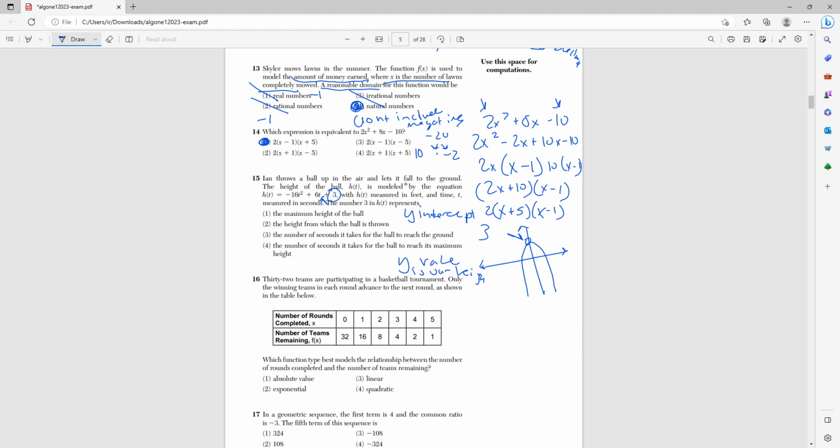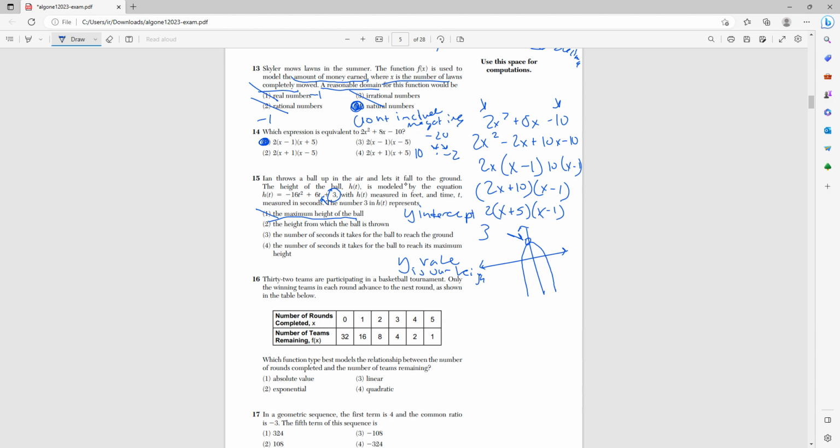So if we look at 3 and we look at 1, the maximum height of the ball, is it? Well, it's saying that a ball is thrown up in the air and lets it fall to the ground, right? So this isn't the maximum height of the ball technically because there is no max value. It's falling down, right? So we can eliminate number 1.